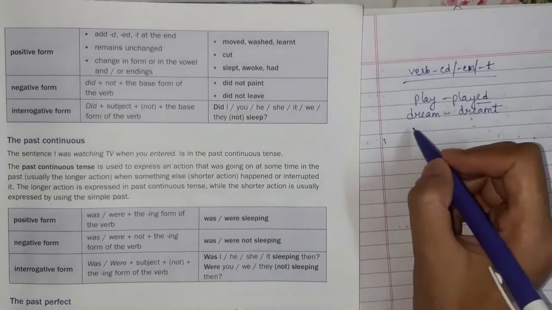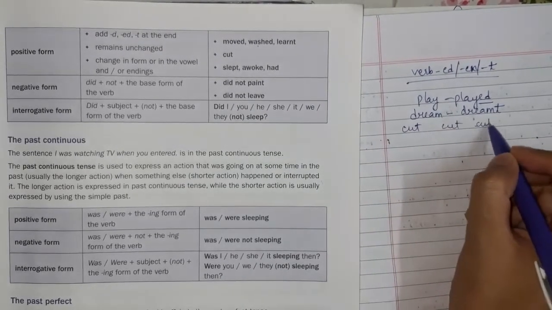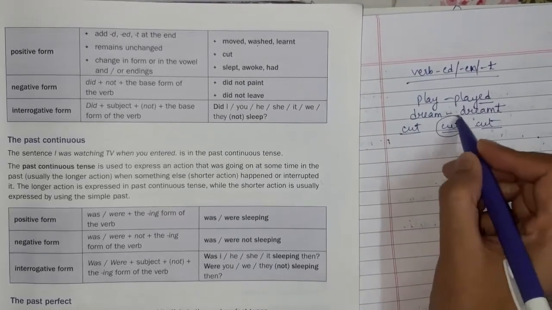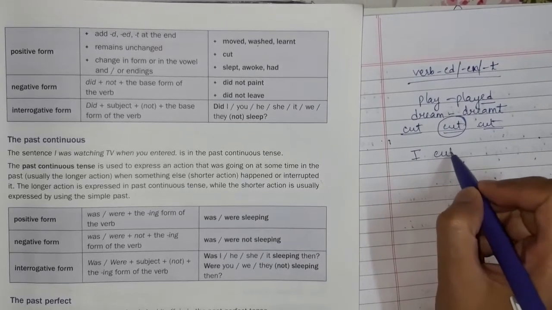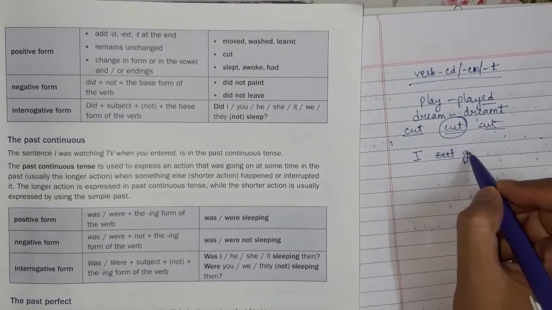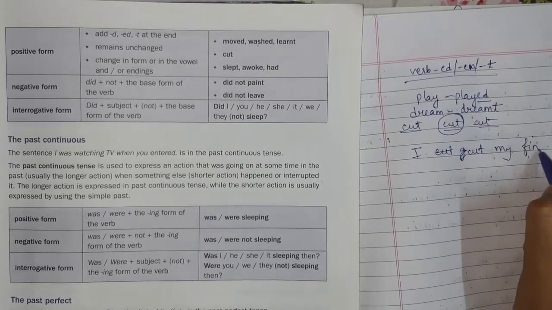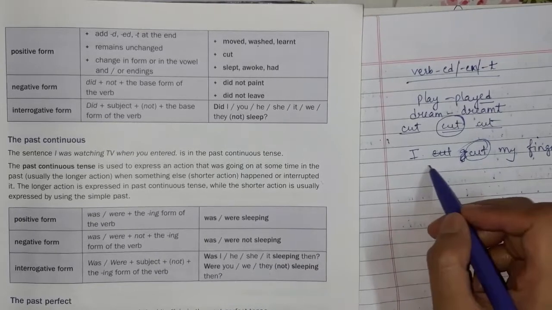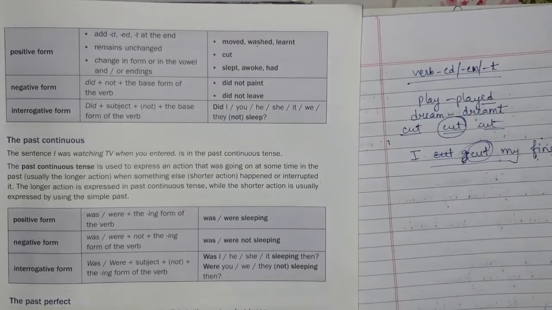Some more verbs do not change their form, for example cut: present, past, past participle. The past form of cut is also cut. For example, I got cut in my finger, or I cut my finger. This is written in past tense. Sometimes we write past tense in this way also. The same thing is given here.